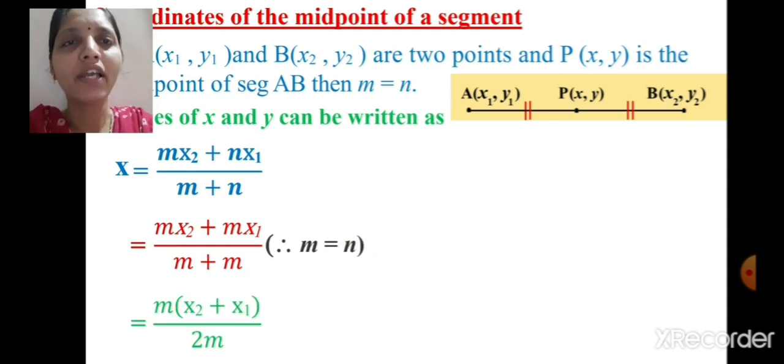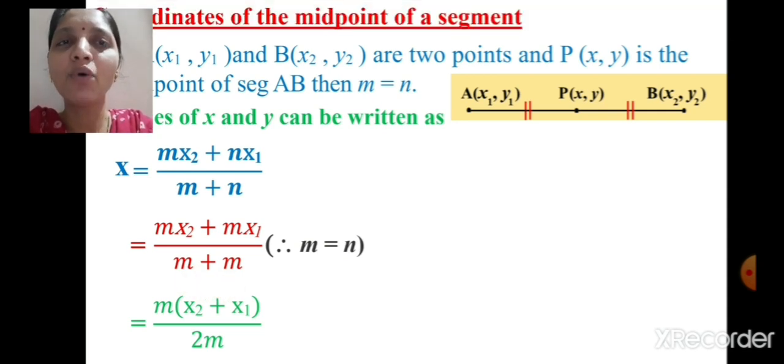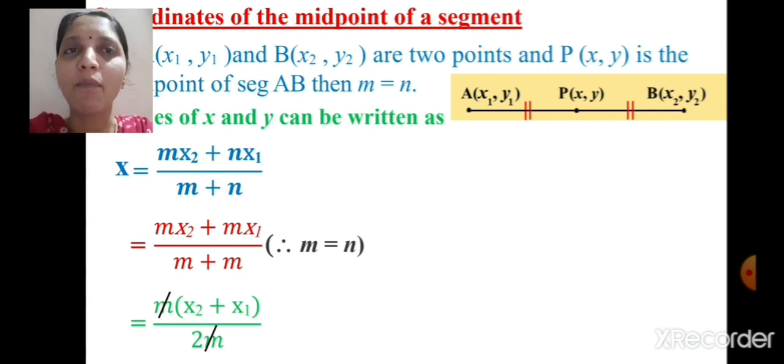If you take out m common, you will get x2 plus x1 upon m plus m, which is 2m. So here this m and this m you can cancel. What are the remaining factors here? x2 plus x1 upon 2. So this is the formula for the x coordinate of the midpoint of a segment.